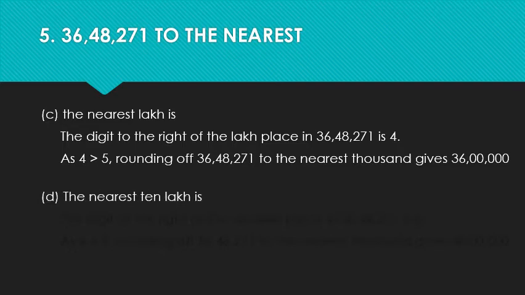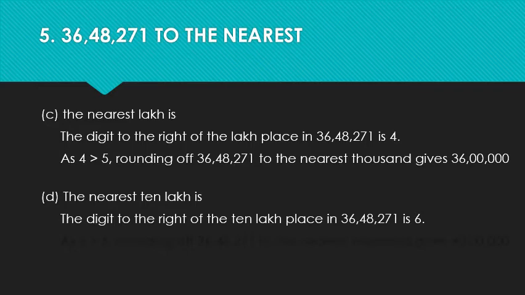Now we will round off the same number to the nearest 10 lakh. First of all, we will see the digit at the 10 lakh place. The digit at the 10 lakh place is 3, and the digit to the right of the 10 lakh place in 36,48,271 is 6, and 6 is greater than 5.